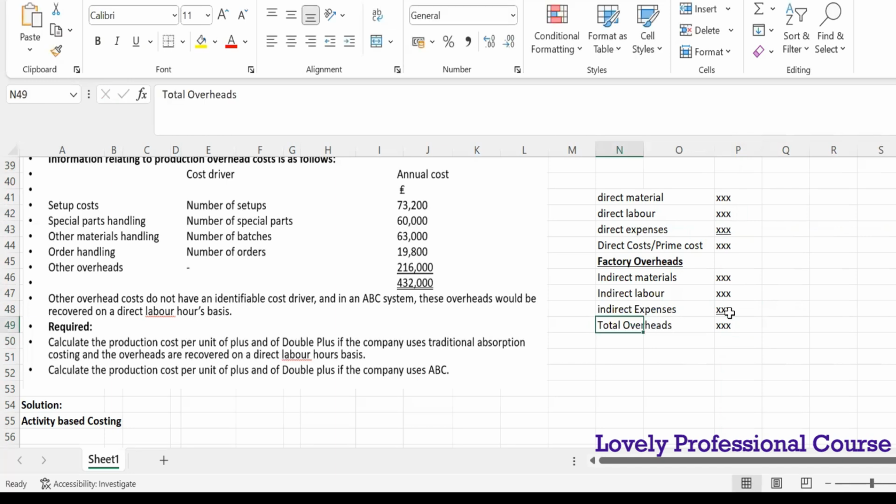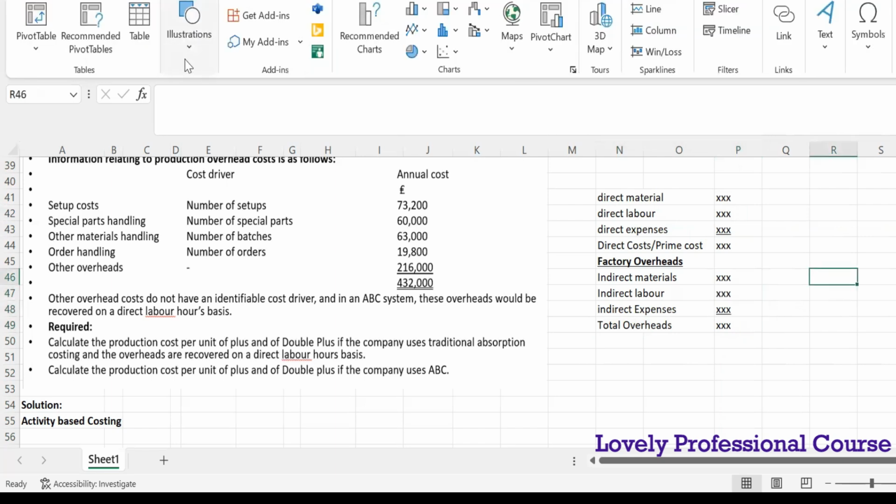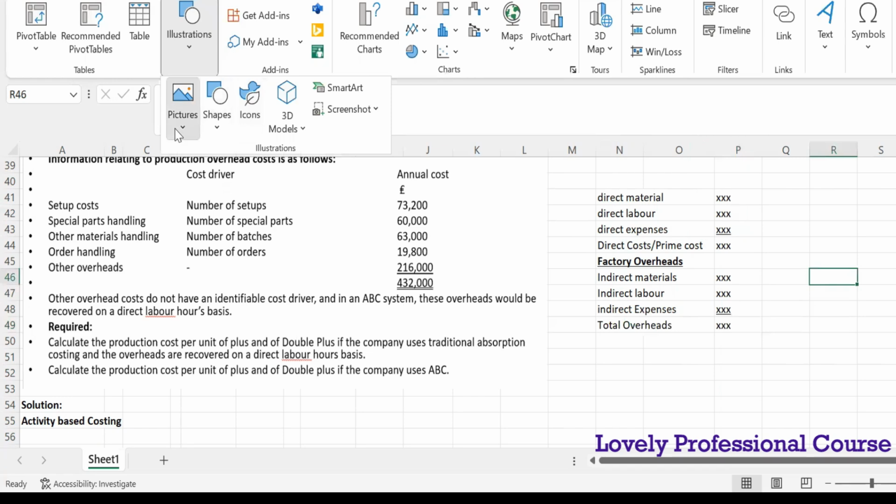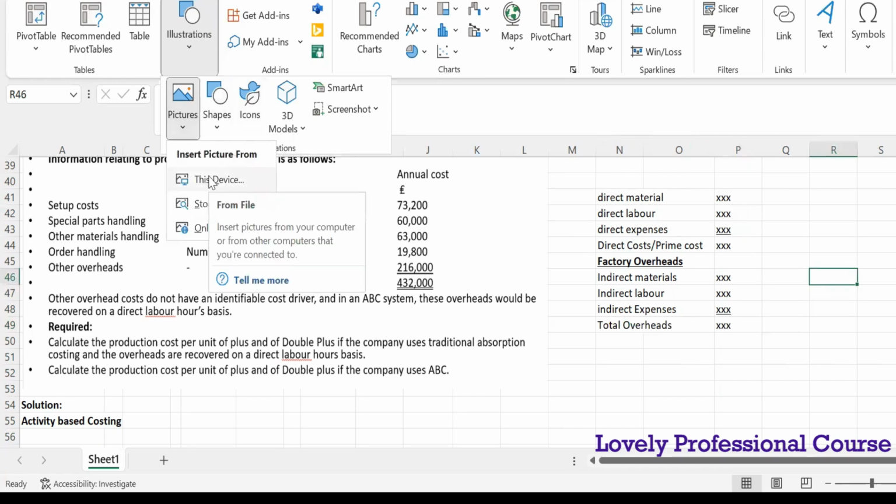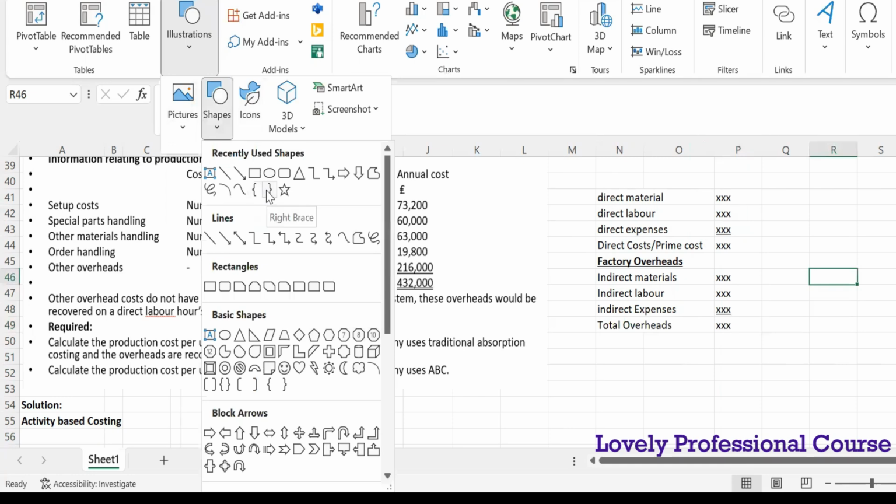This total overhead is the one I was talking about in absorption costing; it is the summation of this. Now, let me show it clearly to you.